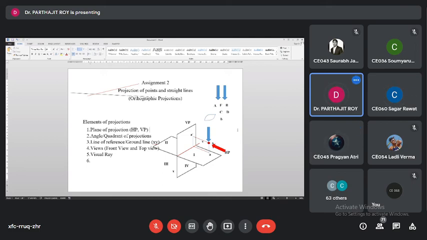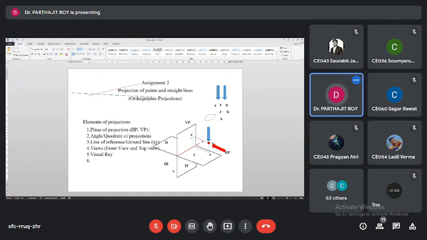Yes, sir. So visual ray, you can say that it is a line joining the eye of the observer, connecting the point and its extension up to the plane of projection. Are you getting me? Yes, sir.